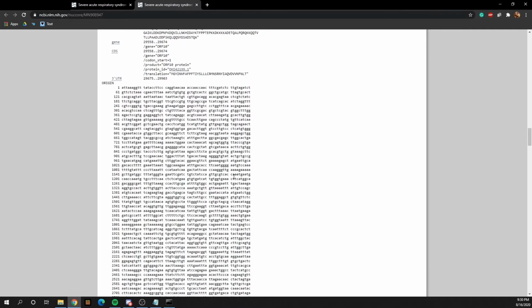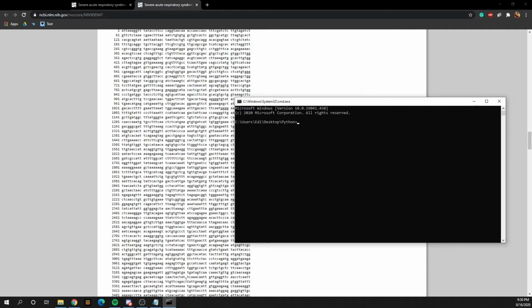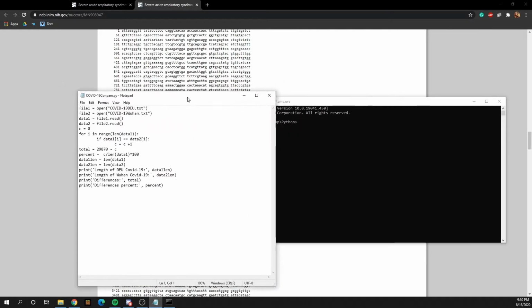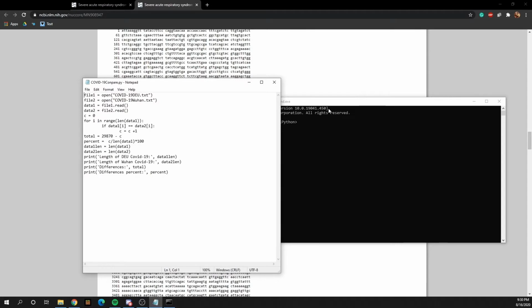So I had to compare both coronavirus genes and see how many different genes have mutated. So I wrote a script in Python. This is the script.